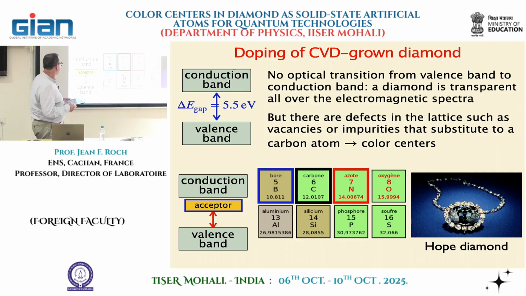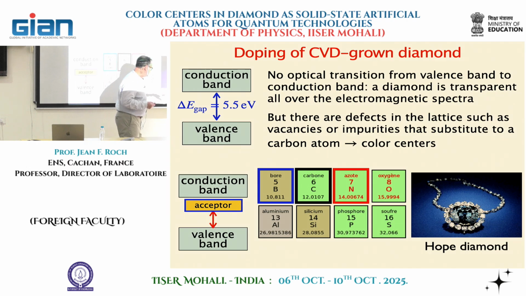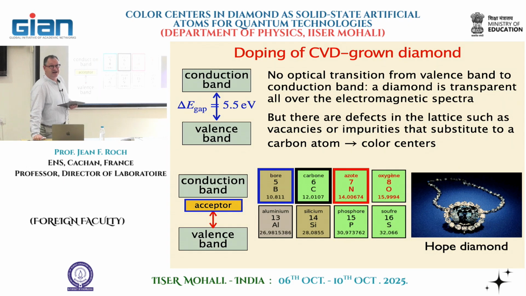And for instance, boron will set an acceptor level here, and there can be transitions between the valence band and these acceptor levels, and those boron-doped diamonds then exhibit a very nice blue color. There is this beautiful gem that is now at the Smithsonian Institution, which is called the Hope Diamond, and there's a very nice story about that.